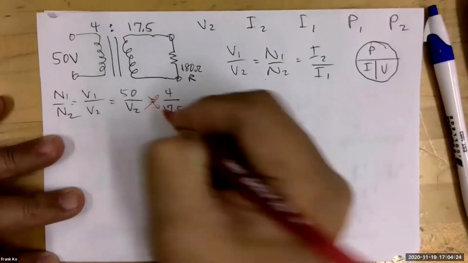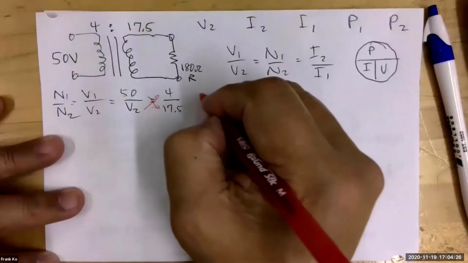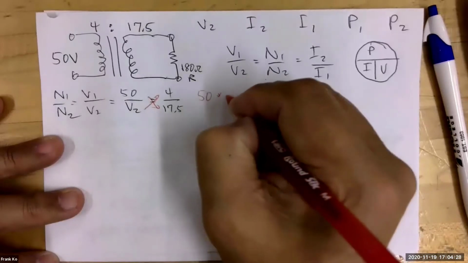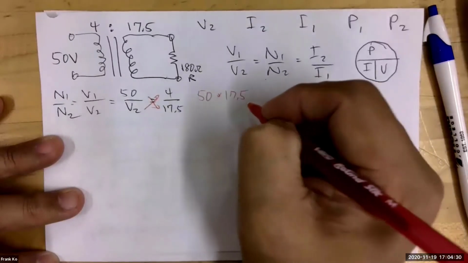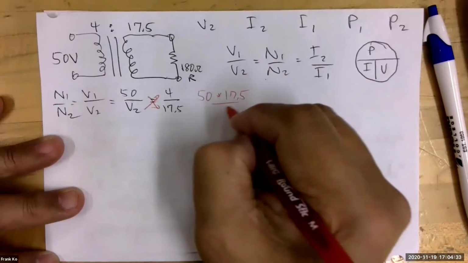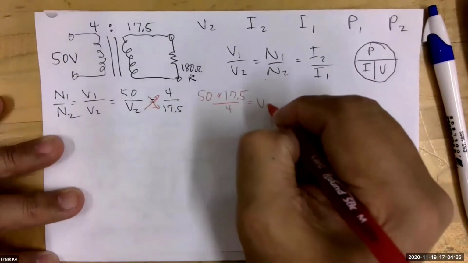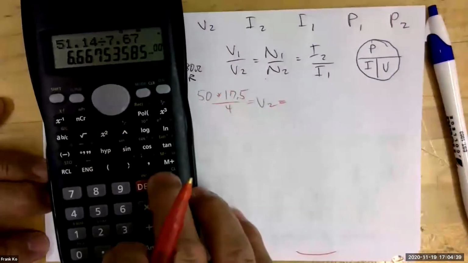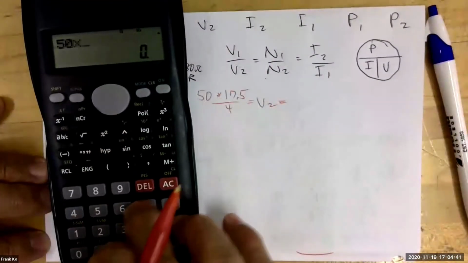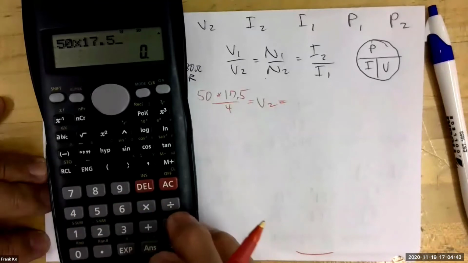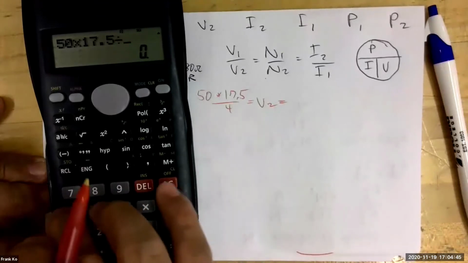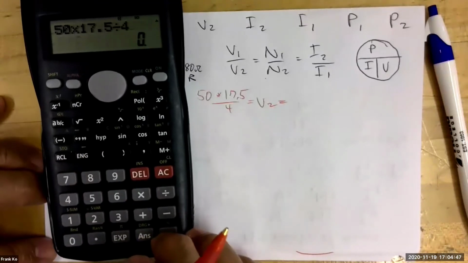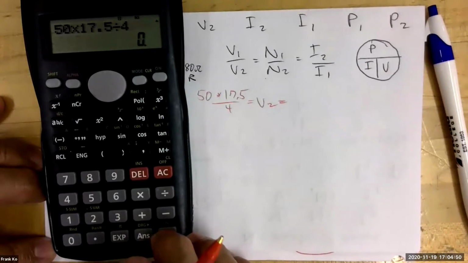Cross multiply. And the result of cross multiplying is I have 50 times 17.5, which I'm going to divide by 4, equals my V2. So let's go and calculate that. 50 times 17.5 and divide by 4. Jacqueline, you have a number for me, please? 218.75.